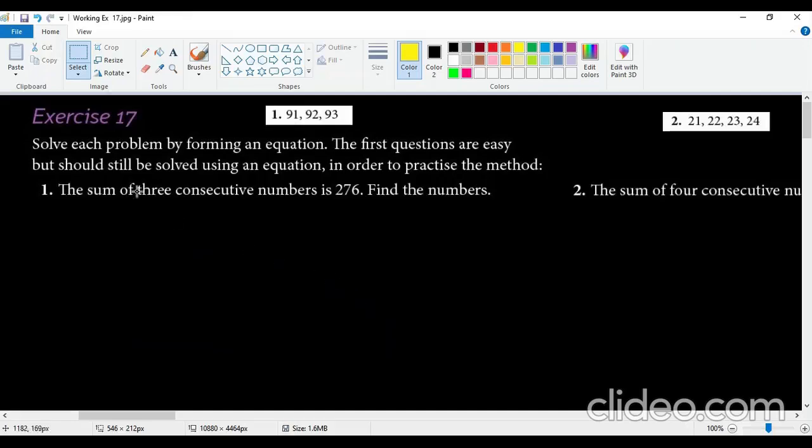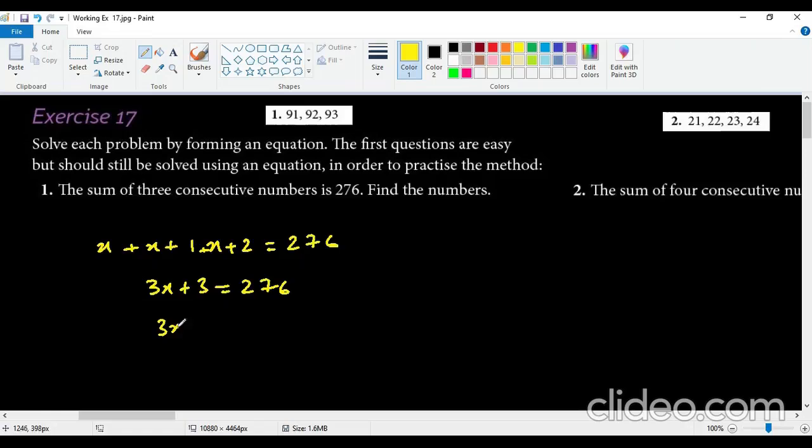Now, if I say sum of three consecutive numbers, that means x plus x plus 1 and x plus 2 gives you 276. So making it more precise, it's going to be 3x plus 3 equals 276, and 3x equals 276 minus 3.